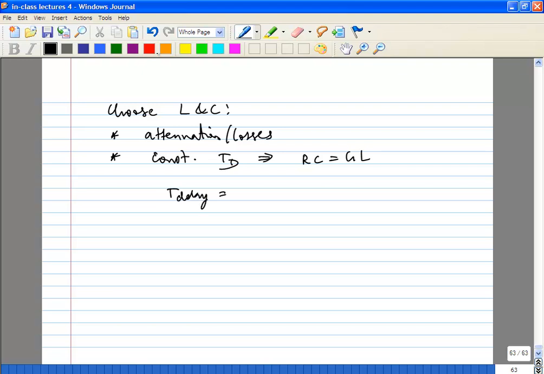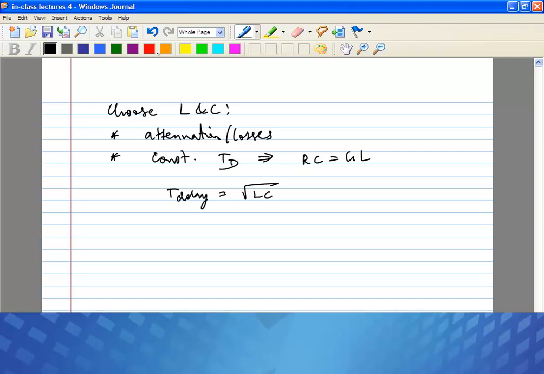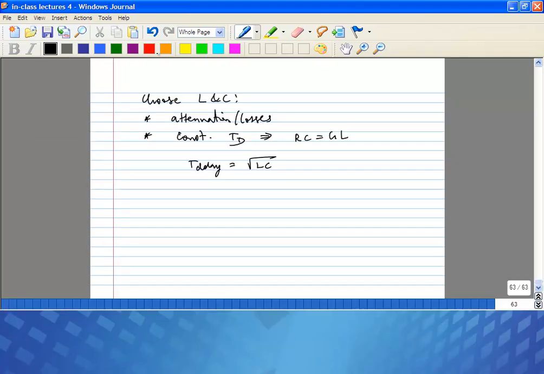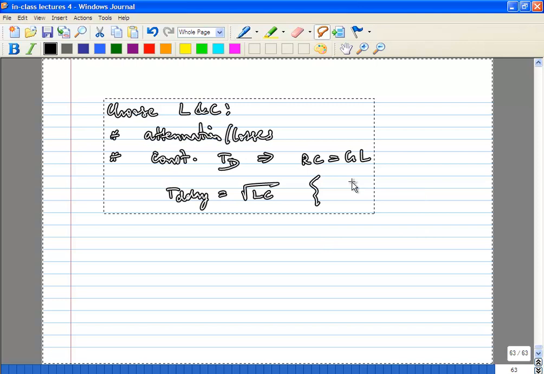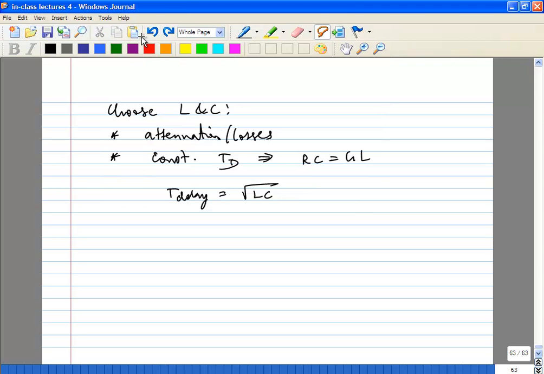What is your delay? It is nothing but root LC, for your lumped LC.